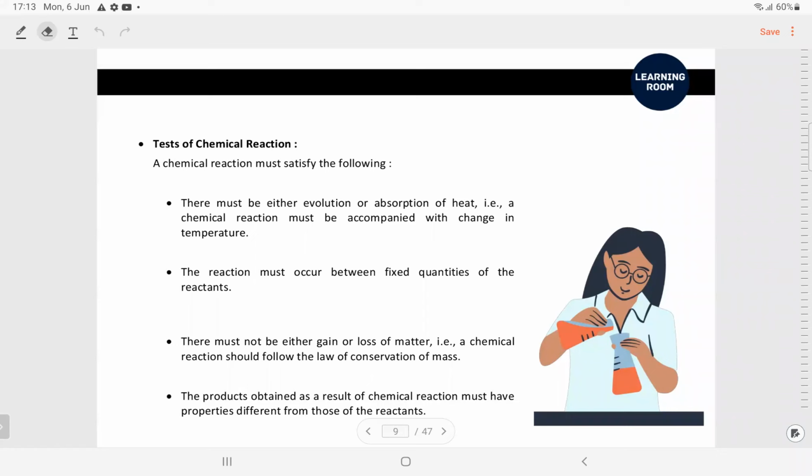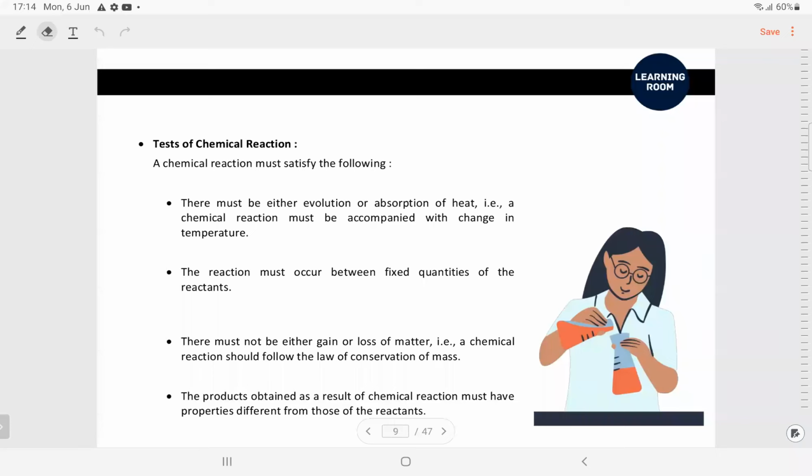Clear? So coming to the fourth one, the product obtained as a result of a chemical reaction must have properties different from those of the reactant. What does that mean? See, the reactants will have certain properties, the product will have certain properties. Both of them will not be the same.